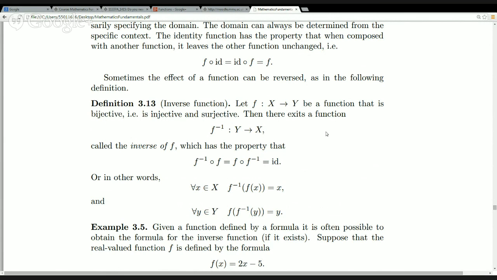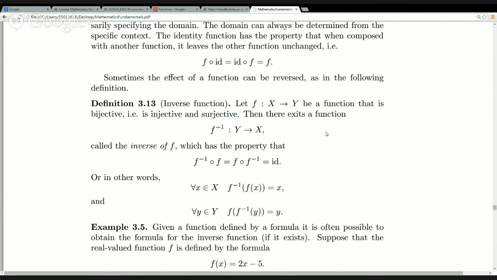In the second kind of picture, the machine box type picture, you think of the function f as this kind of thing. It's a simple idea. The function f inverse is simply the same box, but with the assembly line running in the other direction, if you like. It's the same process, but you're undoing the process.